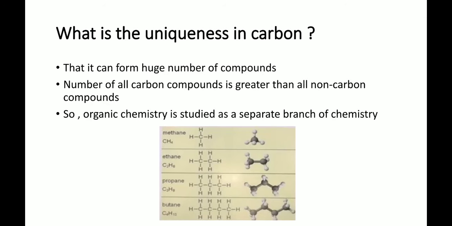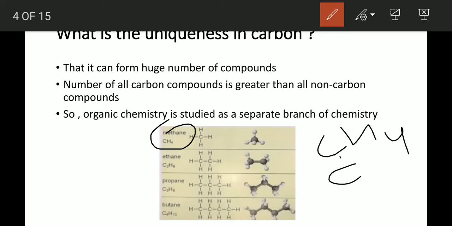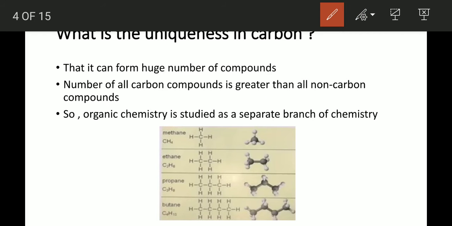Next, see here, the methane formula is CH4, and its electronic structure is something like this. Ethane is C2H6, and its diagram is like this.